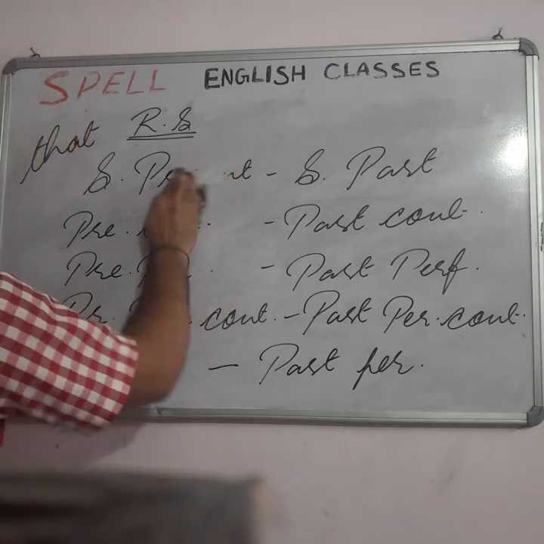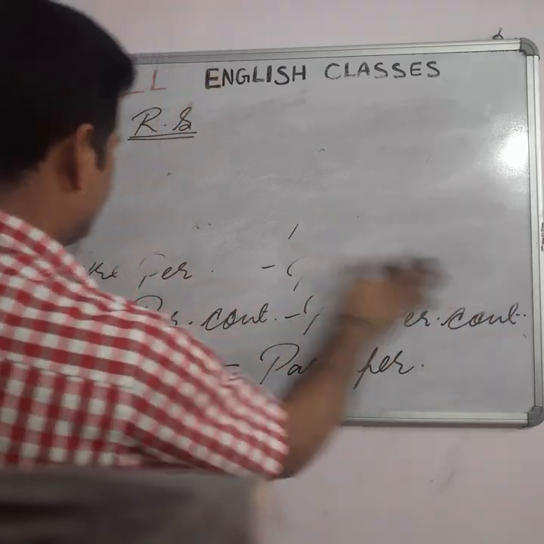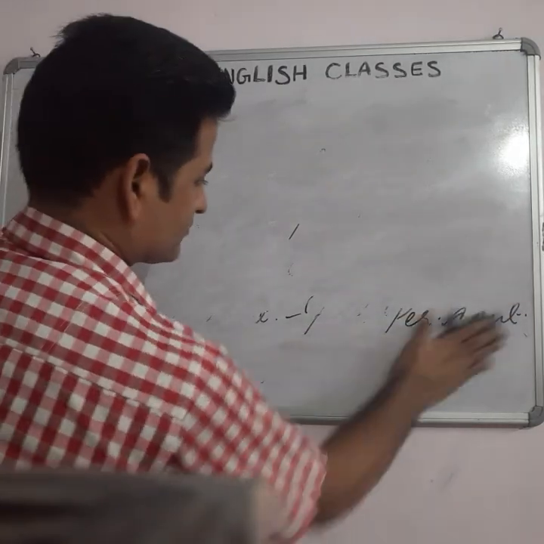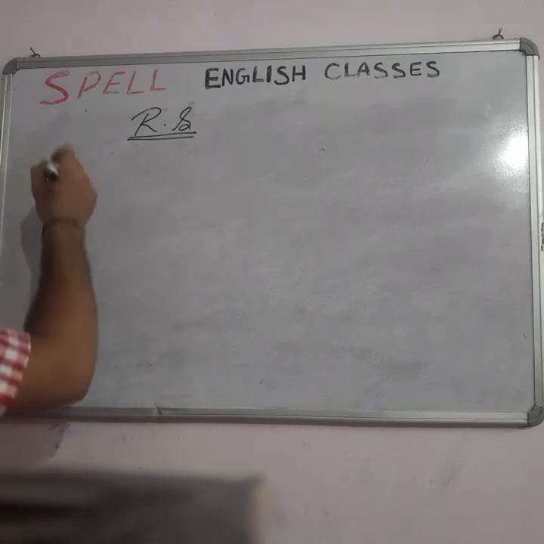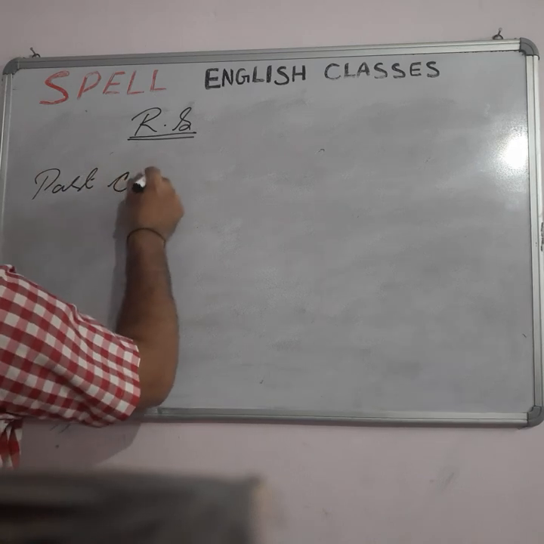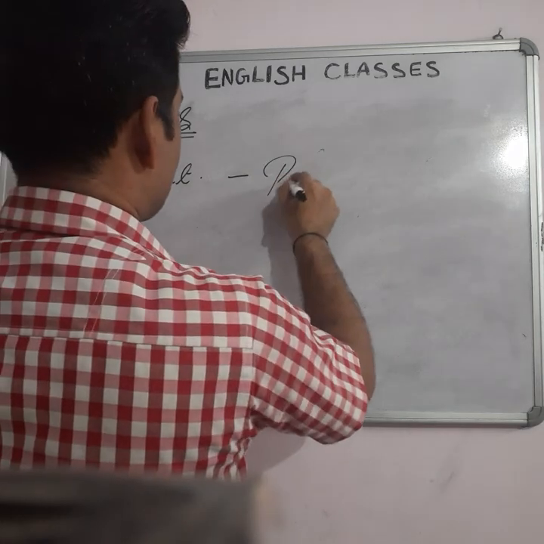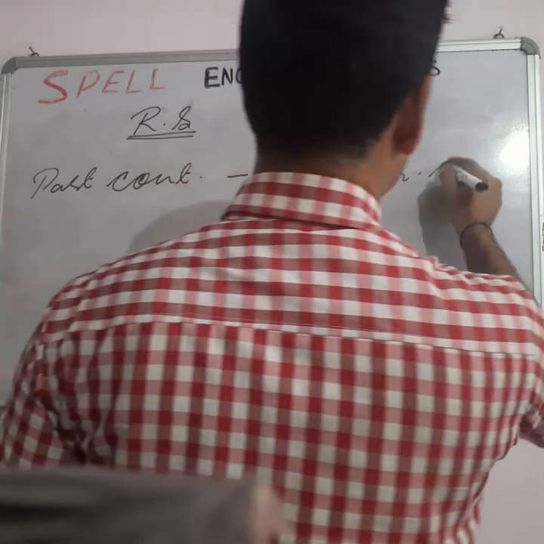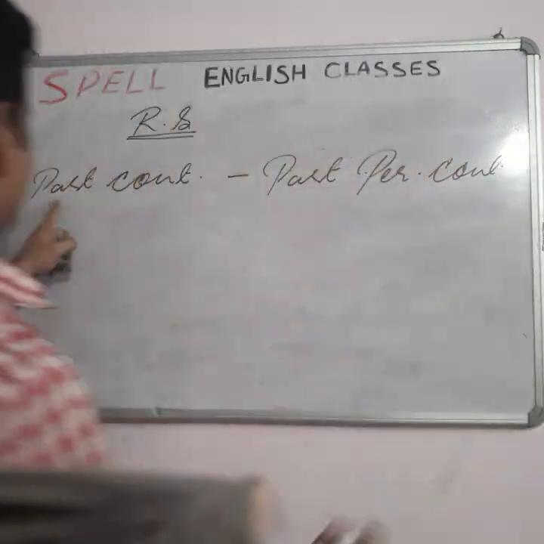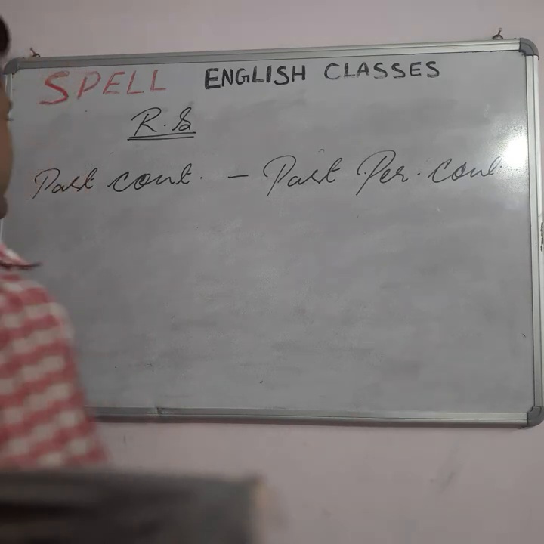And when it is something like past continuous, sentences should be changed to past perfect continuous tense. He was playing, he had been playing, and the change is complete.